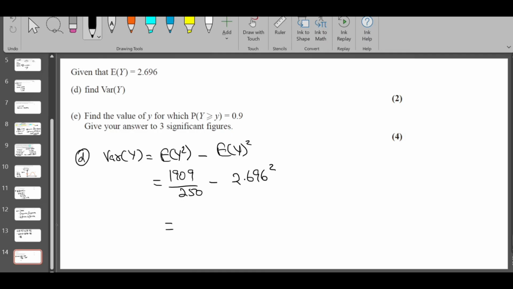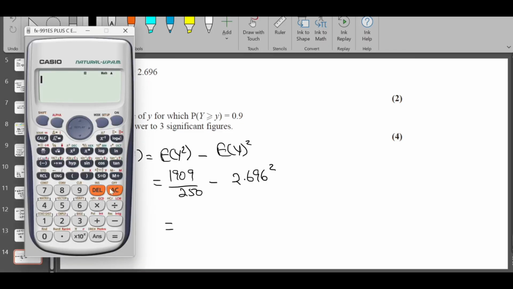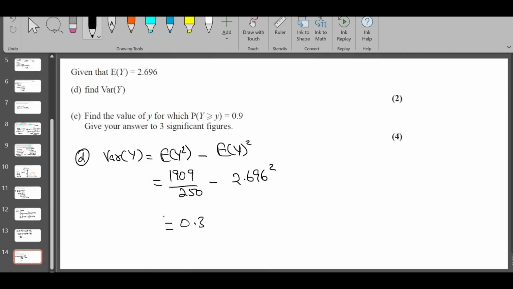Let's get the value. The answer minus 2.696 square is 0.3675, and when you round it to 3 significant figures, 0.368.